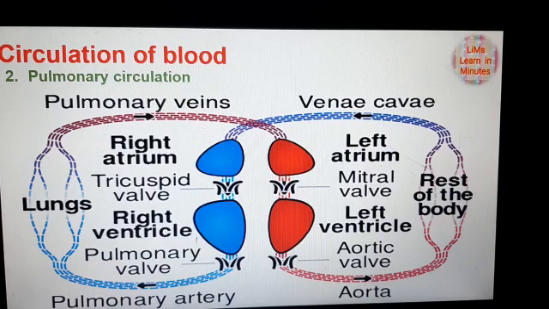For more understanding of this, you can refer to our previous lectures. The pulmonary capillaries join together to form 4 pulmonary veins, which carry blood to the left auricle, from where it goes to the left ventricle to be pumped into the aorta to begin systemic circulation. This is about pulmonary circulation.